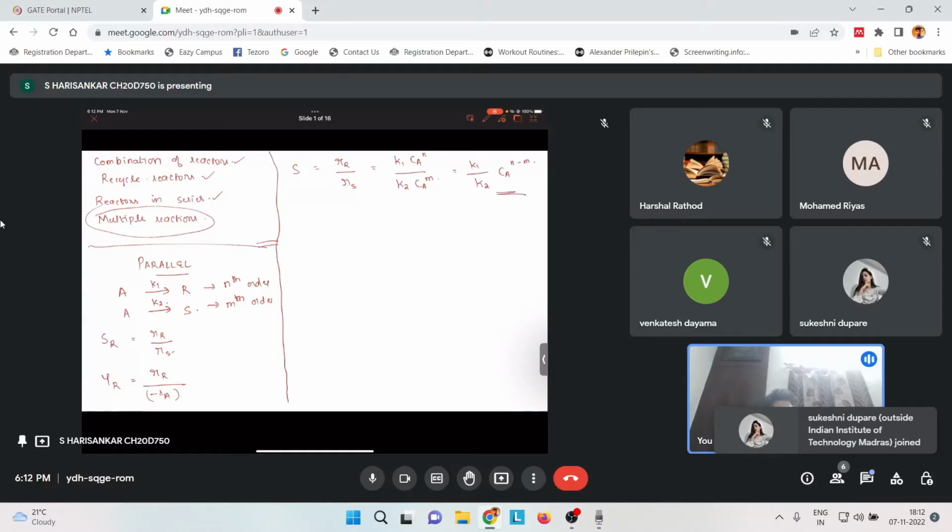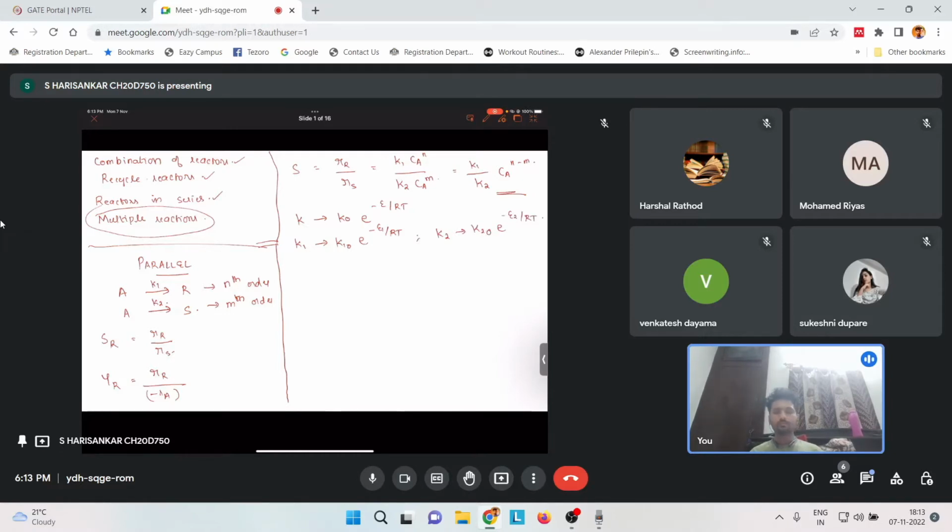Okay. Now by Arrhenius we can write K as K0 e raised to minus E by RT, right? So let's say K1 will be K10 e raised to minus E1 by RT, and K2 will be K20 e raised to minus E2 by RT.